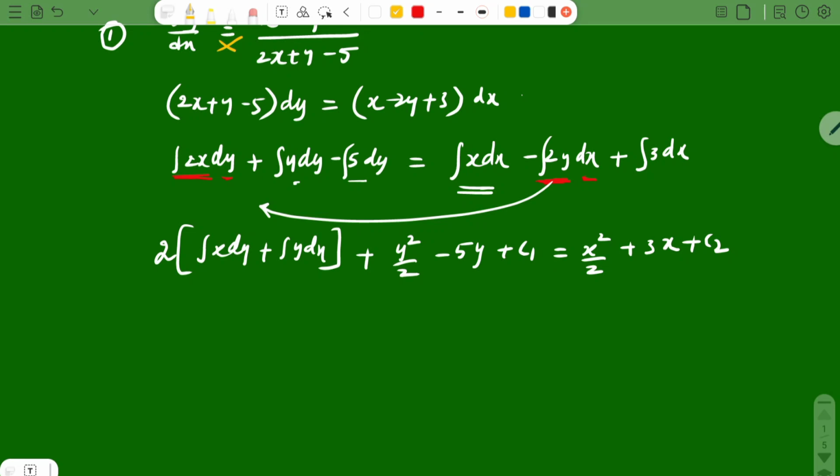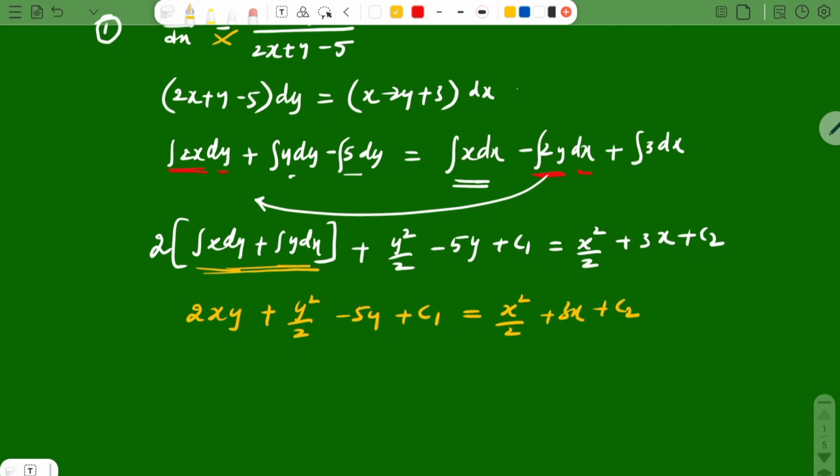And we have a separate condition, integral x dy plus y dx together is xy. So 2 into xy plus y square by 2 minus 5y plus constant 1, which is equal to x square by 2 plus 3x plus constant 2.